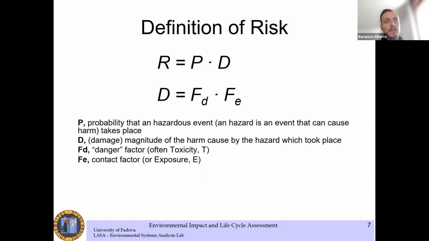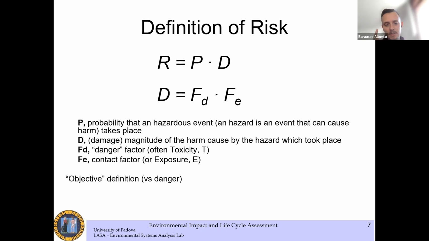Of course, if a contaminant is spilled in groundwater, but nobody drinks that groundwater, the exposure term is very low. If a lot of people drink that groundwater, exposure is high, and so the risk is different. This is a very simple definition, but you should remember it because it contains everything.